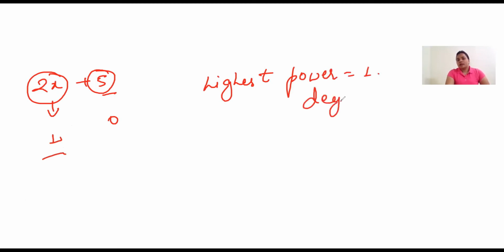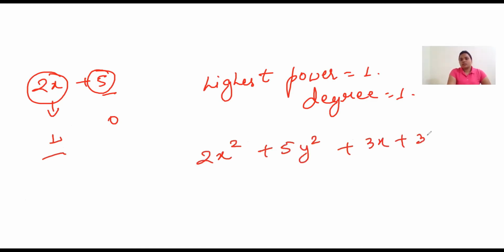Fine. Let's take some more examples. 2x square plus 5y square plus 3x plus 3xy. I'm taking a completely different polynomial, just to understand the things. See, this is the first term, second term, third term, and this is the fourth term. What is the power of x in this? 2.